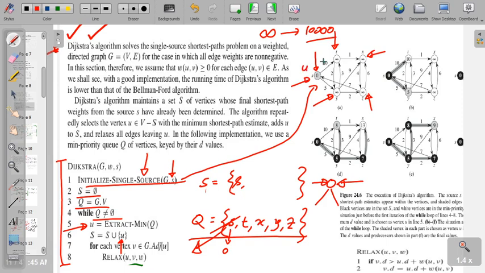Via this node, all the adjacent nodes I can reach in a less costly way. So that means we have to call this relax procedure. Here U is this small s, that is the source node we have discovered now. And this V is all adjacent nodes here, T and this Y.